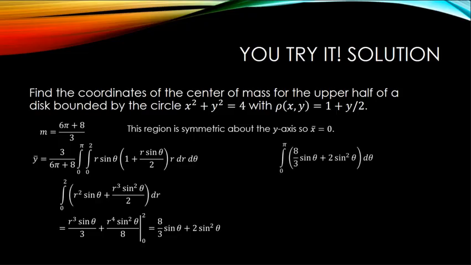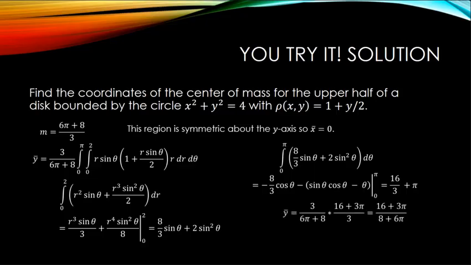This becomes the integrand in my outer integral. The outer integral is the integral from 0 to pi of the quantity 8/3 sine theta plus 2 sine squared theta d theta. I get negative 8/3 cosine theta minus the quantity sine theta cosine theta minus theta evaluated from 0 to pi. I plug in the limits of integration and simplify, and I get 16/3 plus pi.